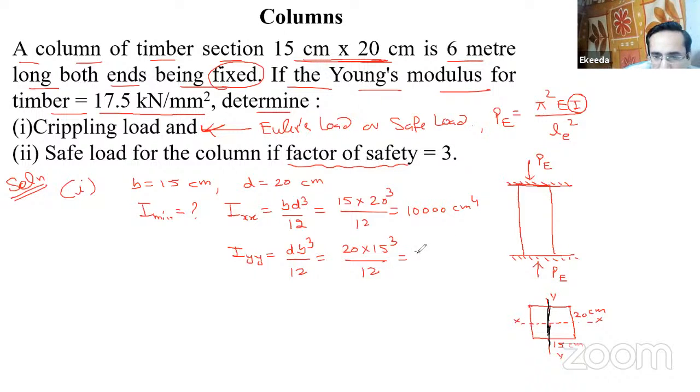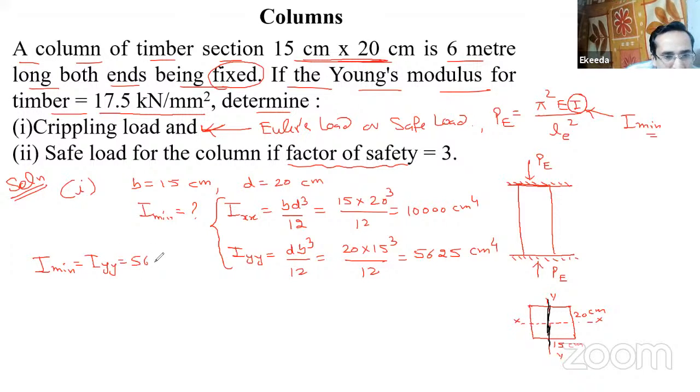Writing directly the result, it is 5625 centimeter to the power 4. We have found Ixx and Iyy, but for this formula I minimum is required. Out of these two, Iyy is the minimum, so I minimum is Iyy, equal to 5625 centimeter to the power 4.